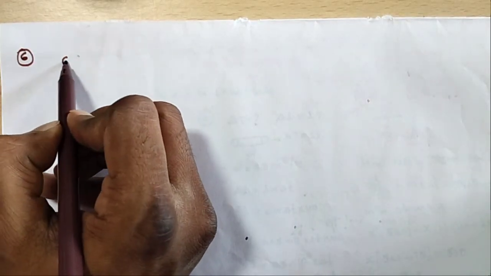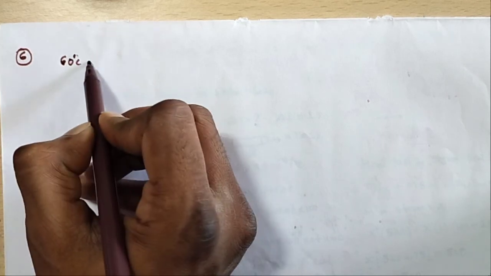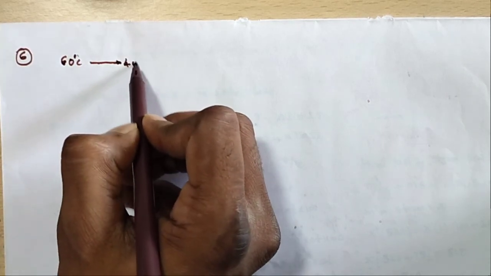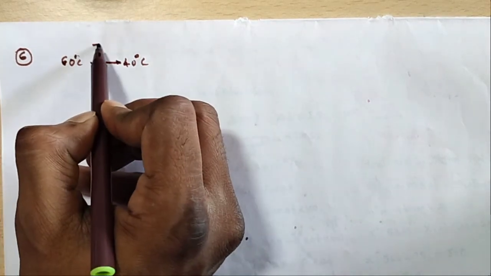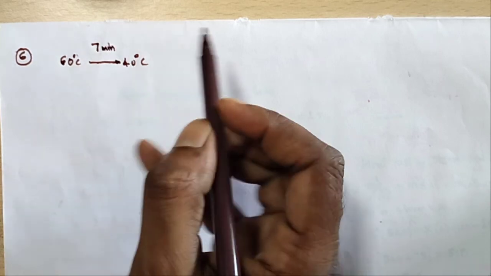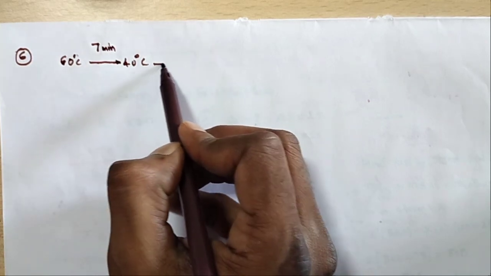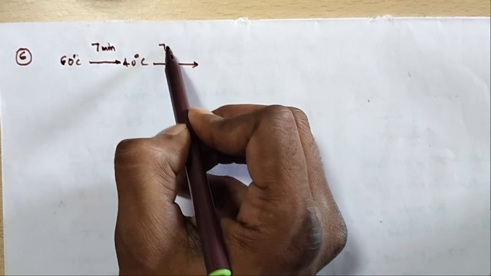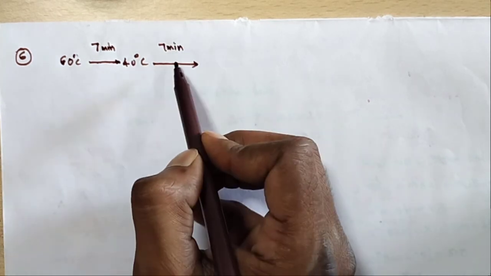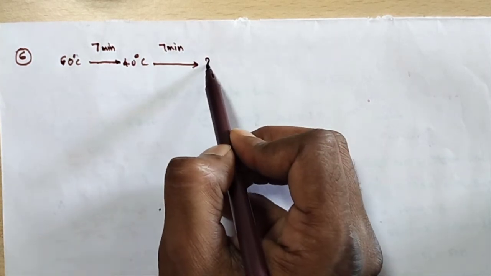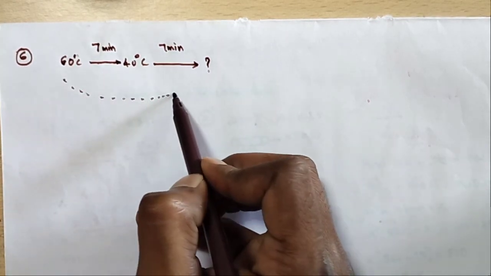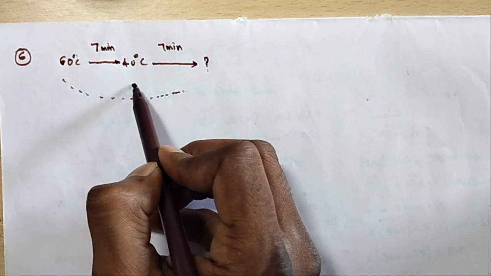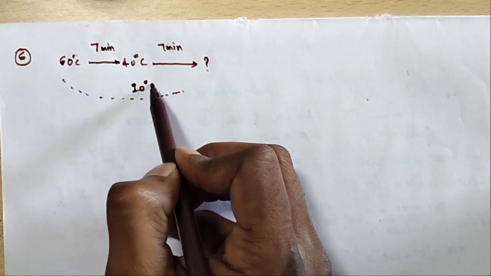I will give some hints. The body is cooling from 60 degrees to 40 degrees in 7 minutes, and then after the next 7 minutes, what is the temperature? The surrounding temperature is equal to 10 degrees Celsius.